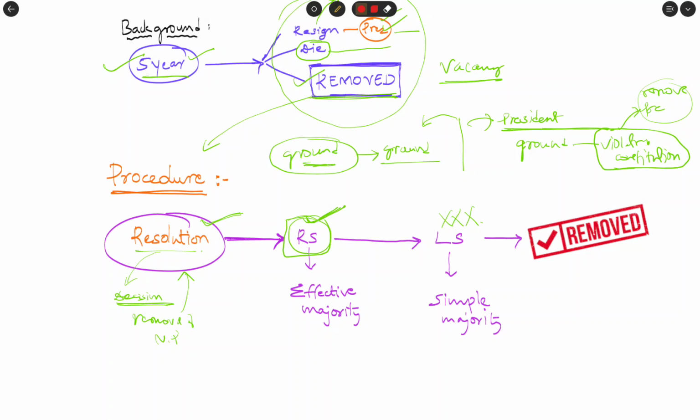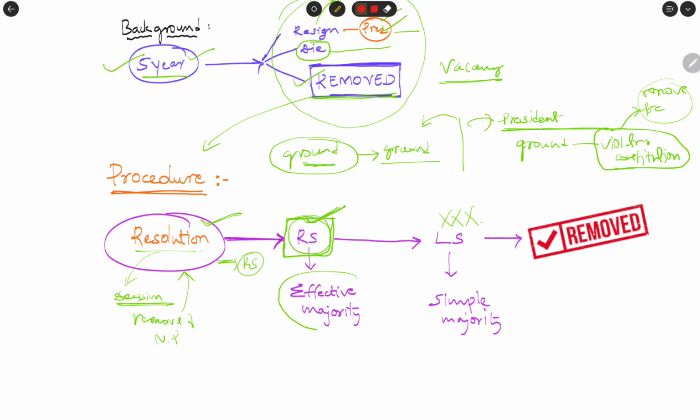Then, what is the condition for passage? What minimum majority is required to pass the resolution in the Rajya Sabha? Majority itself is the minimum requirement, but what type of majority does it require?